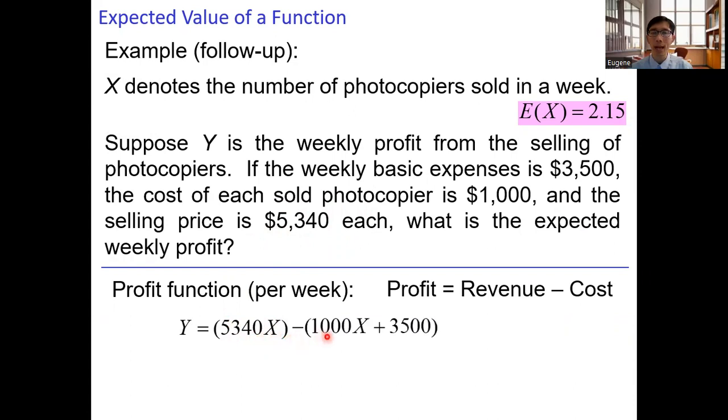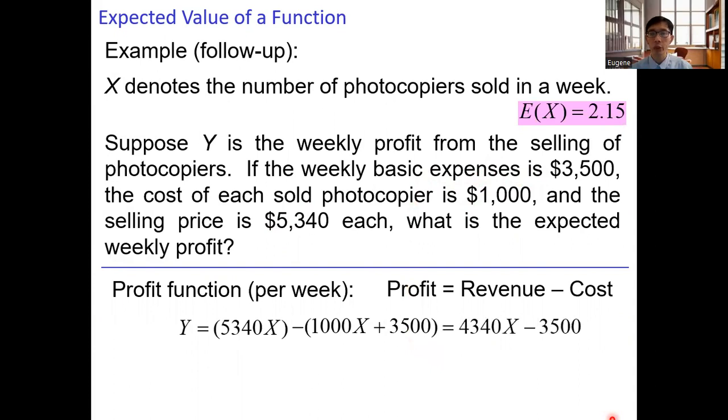The cost is 1,000 times X plus 3,500. For each photocopier sold, the cost is $1,000. And if we can sell X photocopiers, the cost is 1,000 times X, and then plus the basic expenses, 3,500.